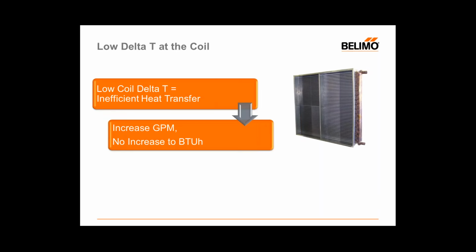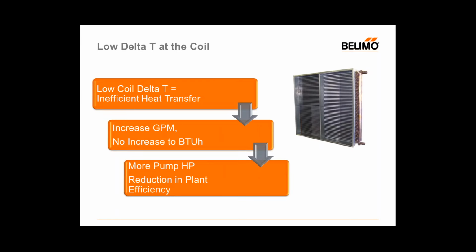Or a different way to say that is that we increase our flow rate but don't increase the amount of heating or cooling that's occurring in the space. And this concept is a little bit abstract for most folks, but I'm going to take a look over the next few slides and try to explain to you how that happens. Certainly the result of pumping more water and not changing the load offset in the space would be that we require more pump horsepower to generate the increase in GPM.